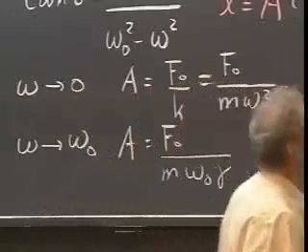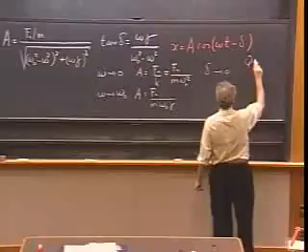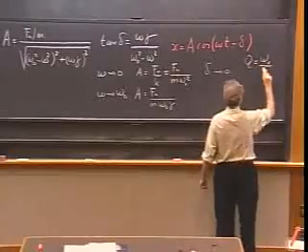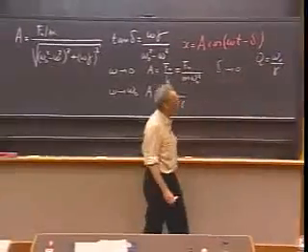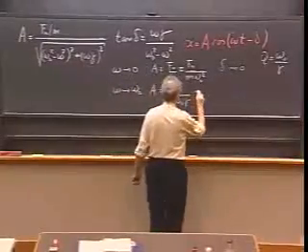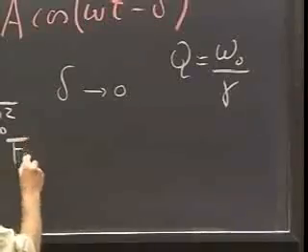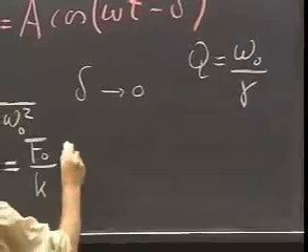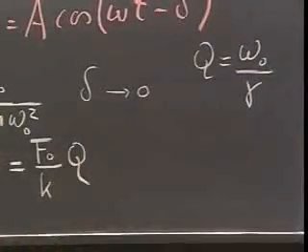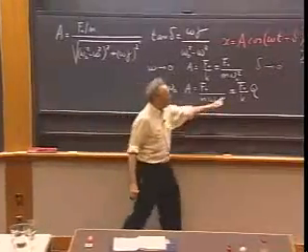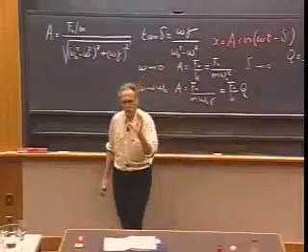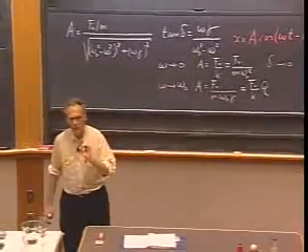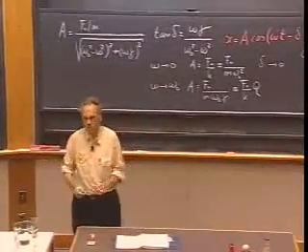Well, if you remember that we introduced a quality factor, omega 0 divided by gamma, which is a dimensionless number, then you can also write this as F0 divided by k times Q. But that's nice to remember, that at resonance, if you define this as resonance, the amplitude of the object is Q times higher than what it would be at extremely low frequency.